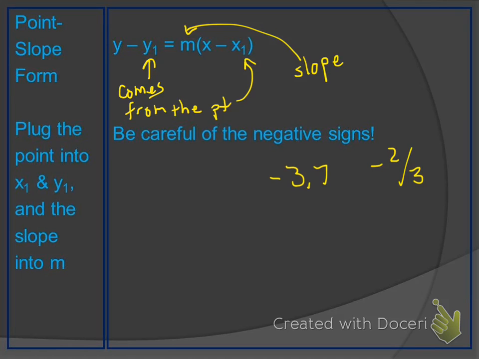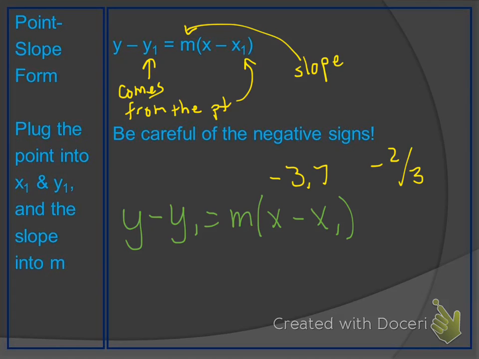So what I'm going to do is rewrite this whole equation right here. Actually, you know what? Let's leave it like that. Now let's pick a different color. Pick green. So I have y minus y1 equals m times x minus x1.